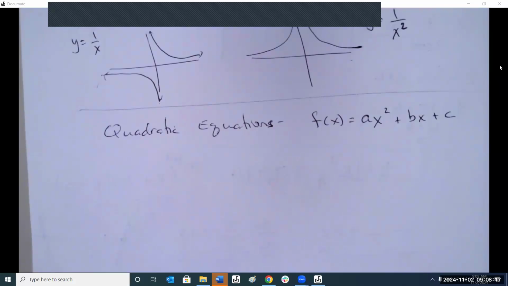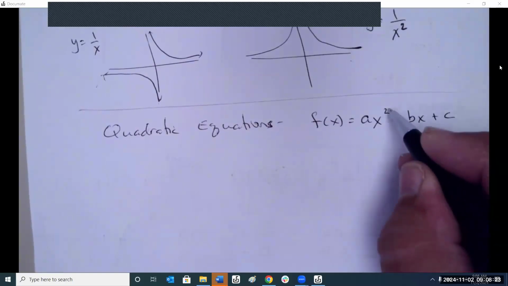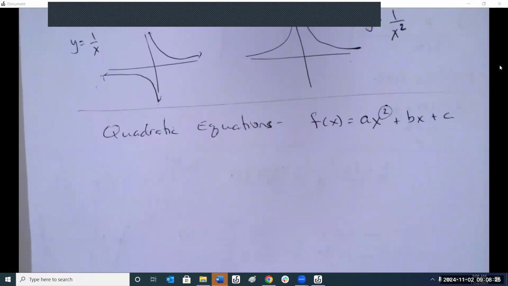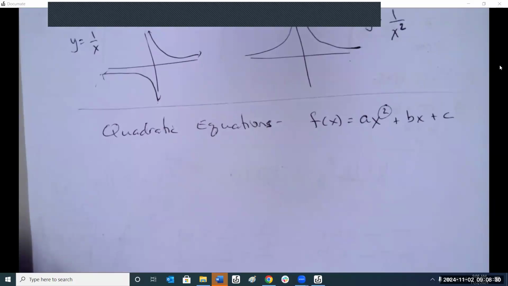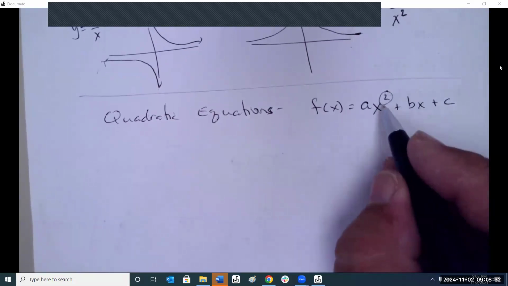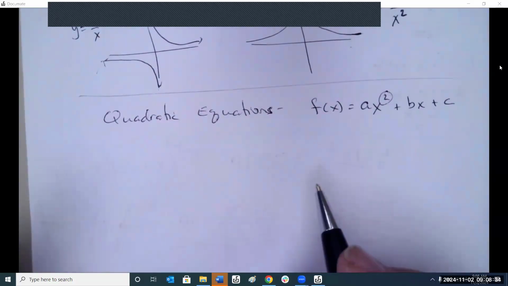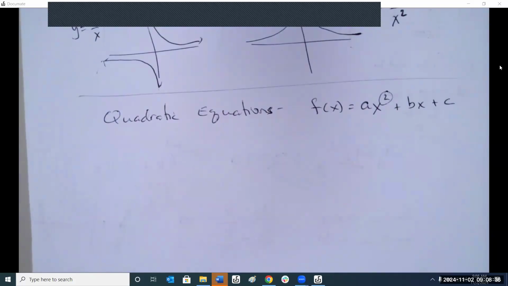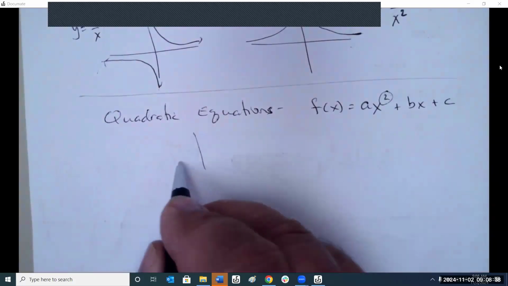We know it's quadratic. Why? Because the degree is 2. Very good. Since the degree is 2, that means we have 2 solutions at most.